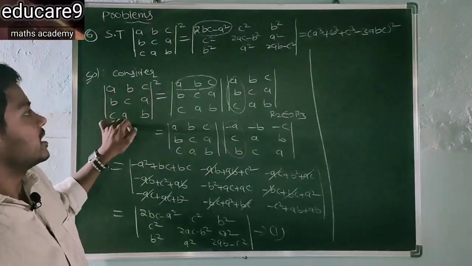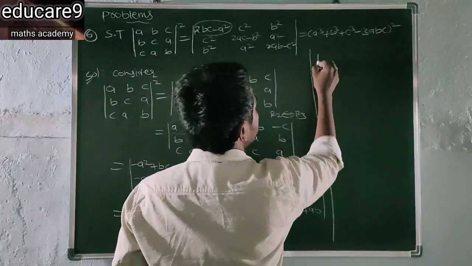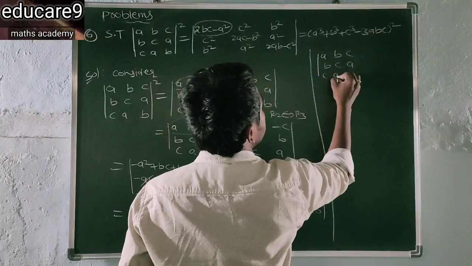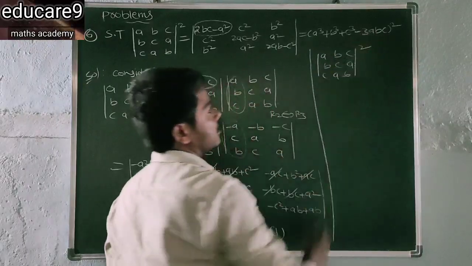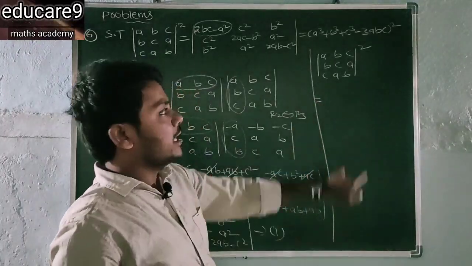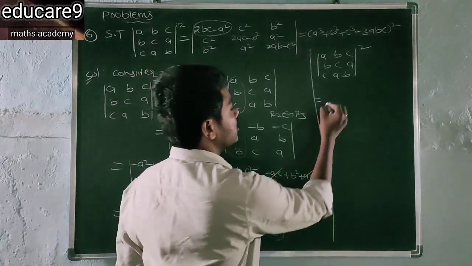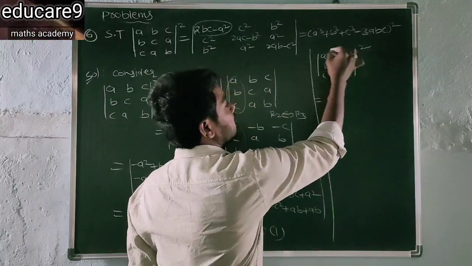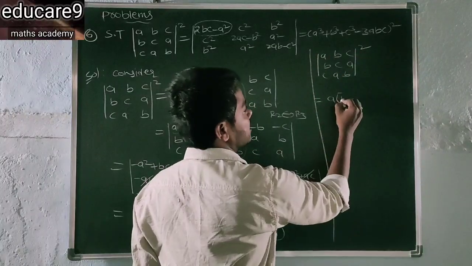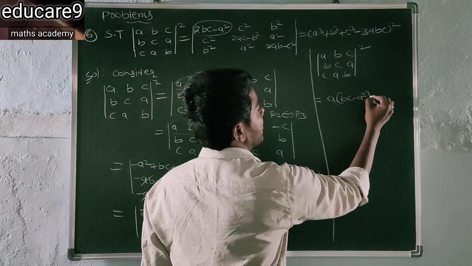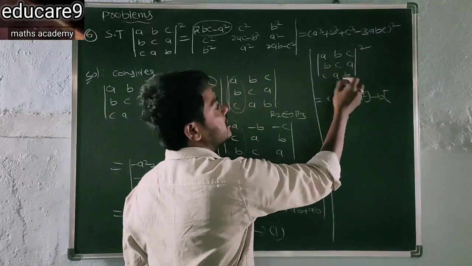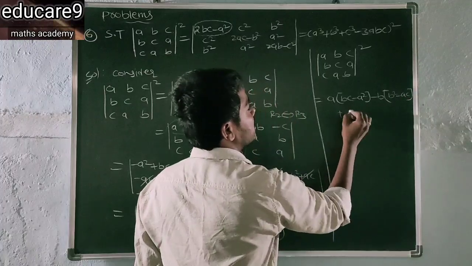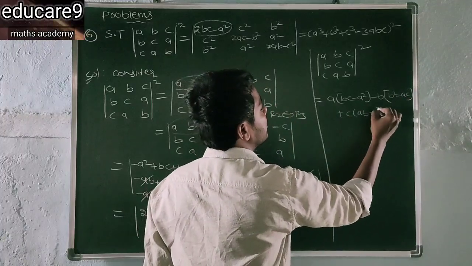Now again consider this value, that is [A, B, C; B, C, A; C, A, B] whole square. So find this determinant, that is A into, deleting the corresponding row and column, BC minus A square, minus B into B square minus AC, next plus C into AB minus C square.